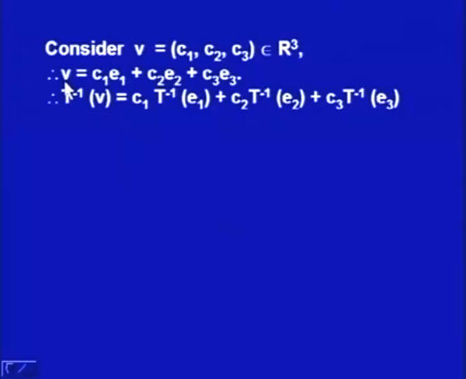So, we write down V as C1 E1 plus C2 E2 plus C3 E3. So, applying T inverse, we will have T inverse V is equal to C1 of T inverse E1 plus C2 of T inverse E2 plus C3 of T inverse E3. This we are getting because T inverse is also a linear transformation. So, applying T inverse on this means applying T inverse on these separately. So, we have this expression.